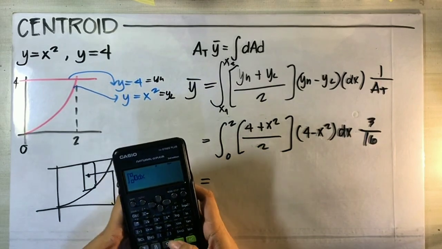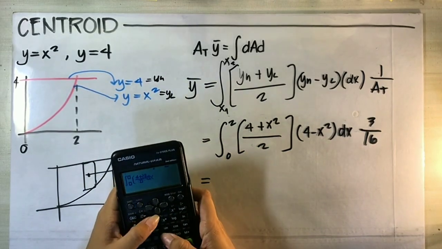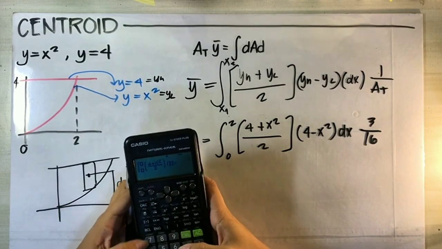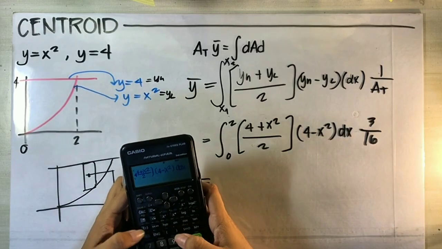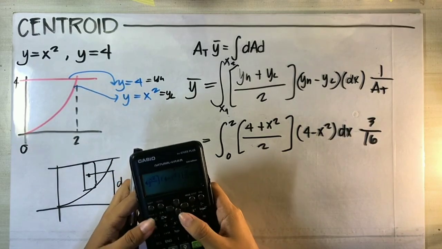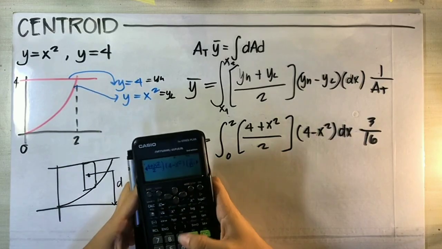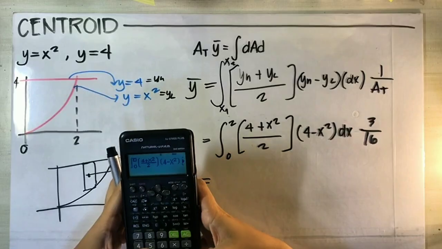So integral of 4 plus x squared all over 2 times 4 minus x squared times 3 all over 16, from 0 to 2.